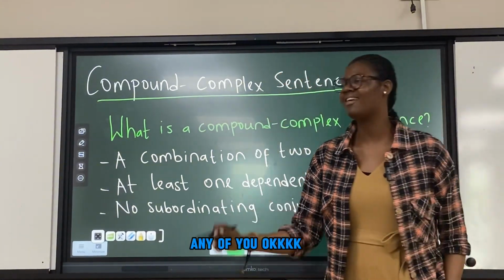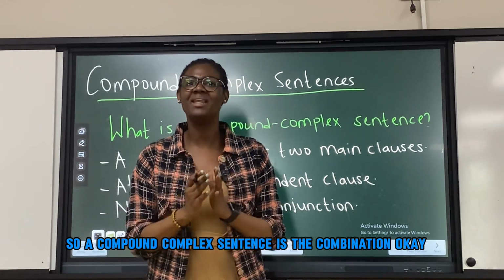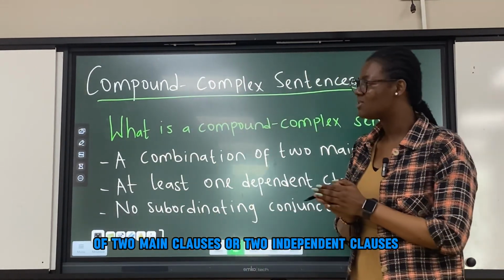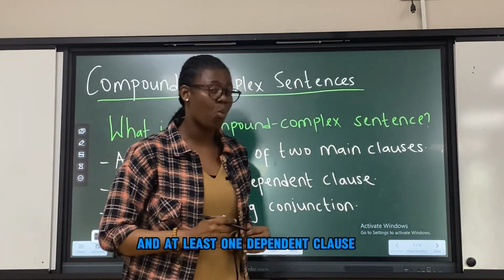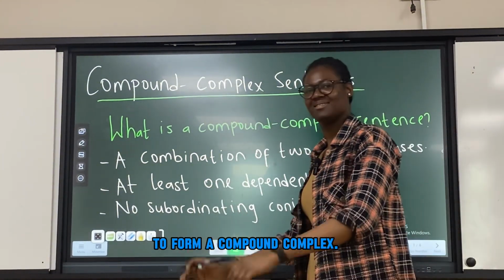Any of you? Okay. So a compound complex sentence is the combination of two main clauses or two independent clauses and at least one dependent clause to form a compound complex.